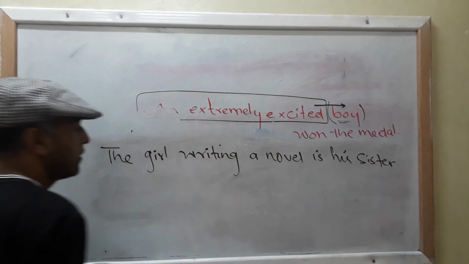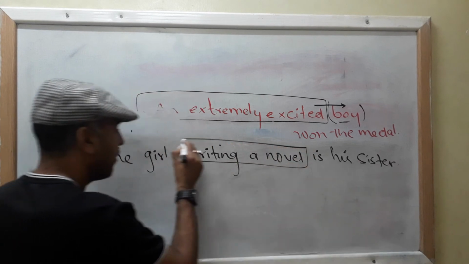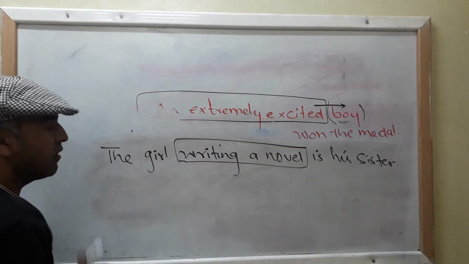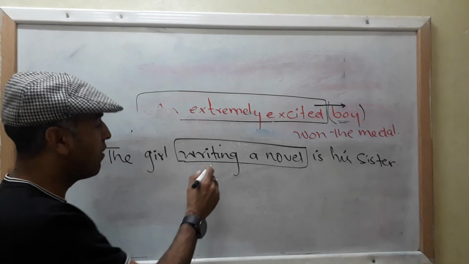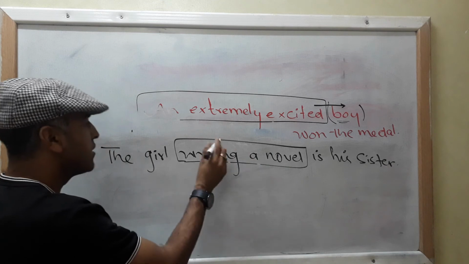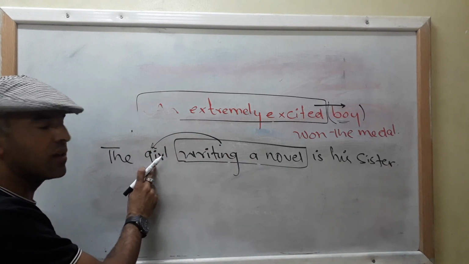And look, the girl, which girl? Writing a novel. The girl is his sister. Now this piece of the sentence provides information about your noun, that is a girl.